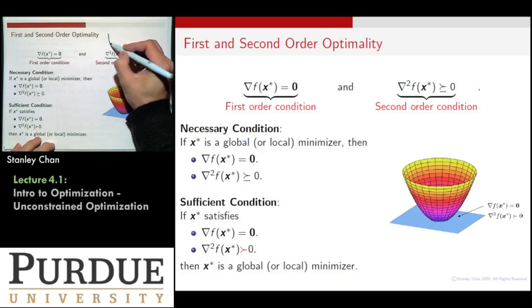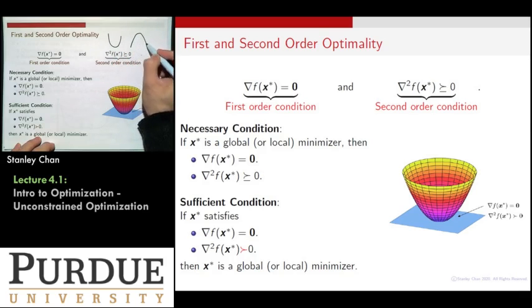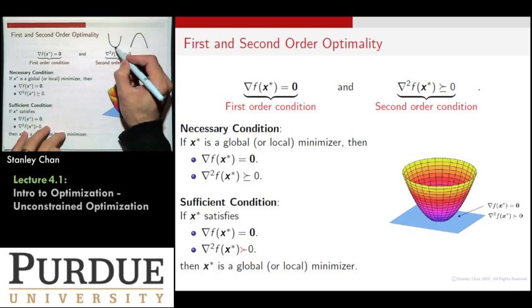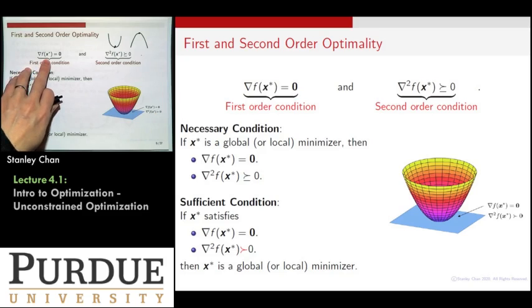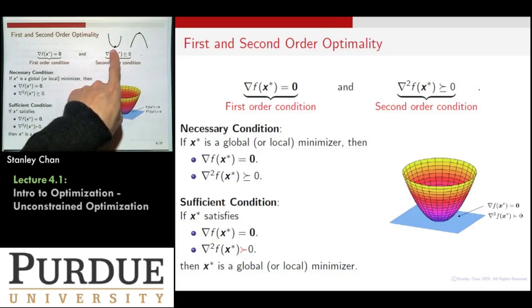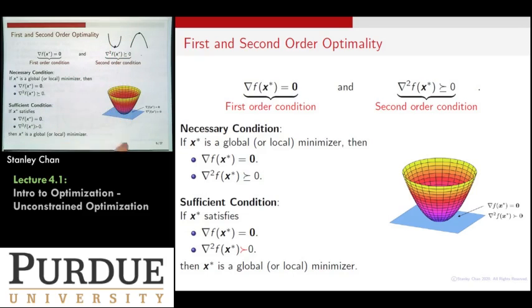You have a minimum point, you have a maximum point. At these 2 points, you always have the gradient equal to 0. Right? The slope is 0. But which one is the minimum point? Well, it has to be this one. Why? Because you also measure the curvature. So that's why you want to look at the second order condition. So that's the very, very basic level of telling you whether a point is optimal or not.